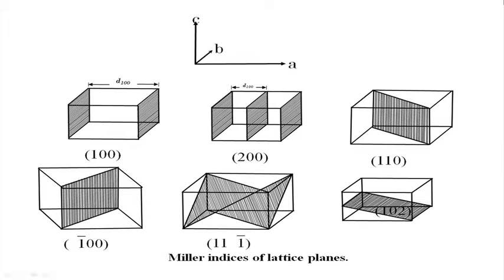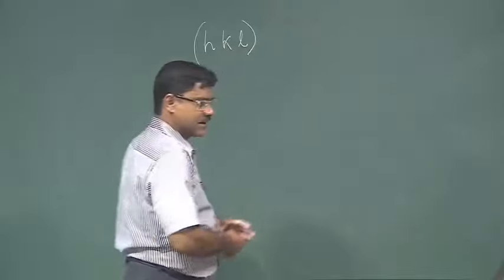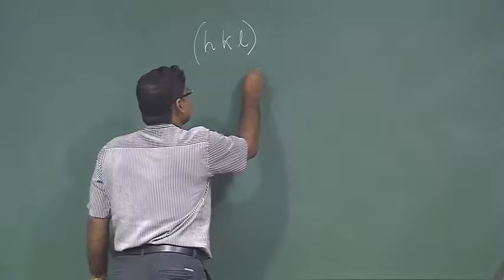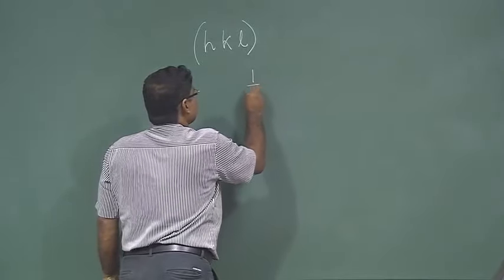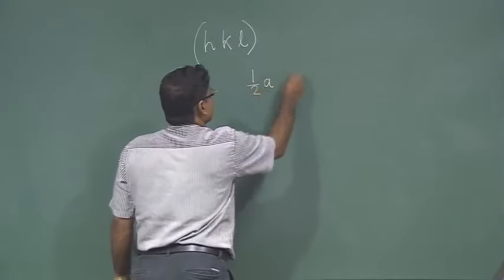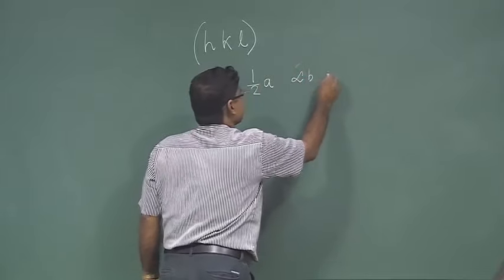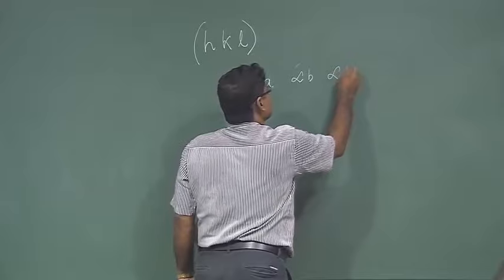Now, if there is a plane which intersects at the middle, say at a by 2, see this figure. This is 2 0 0. How does it come? It intersects at half a, infinity b, infinity c.